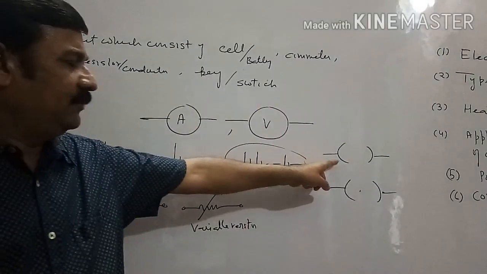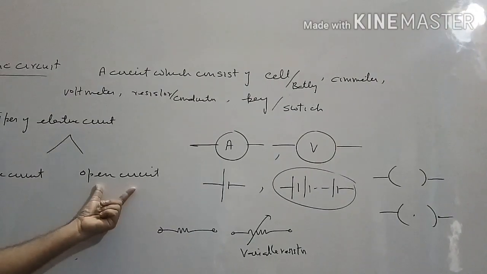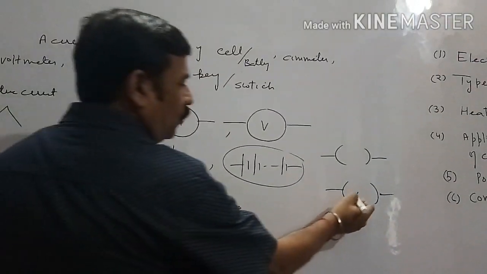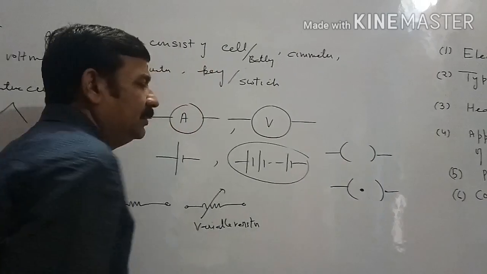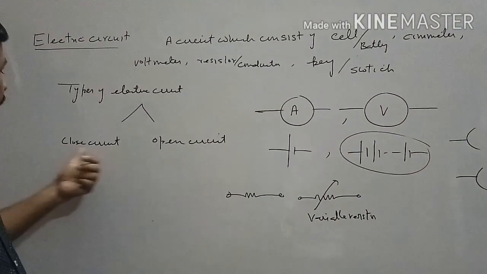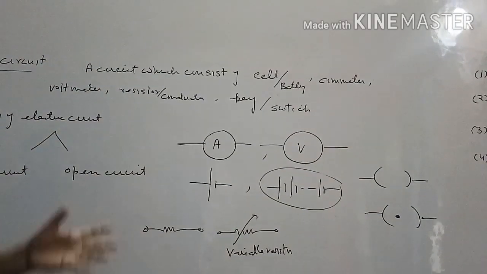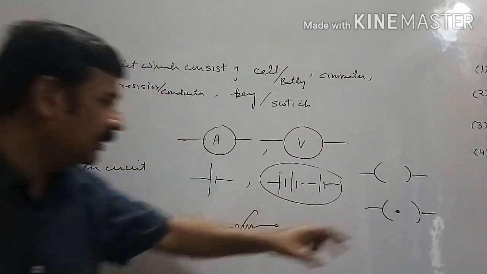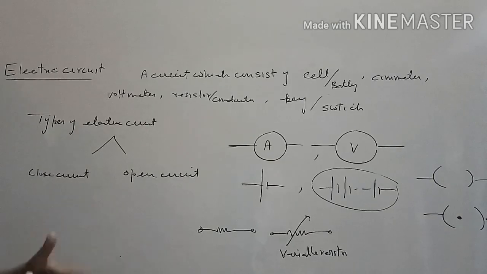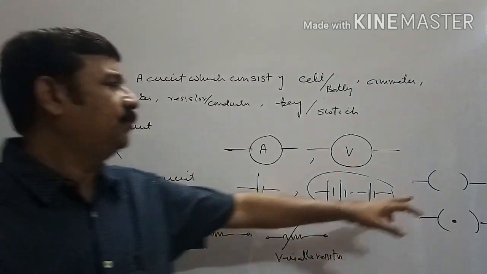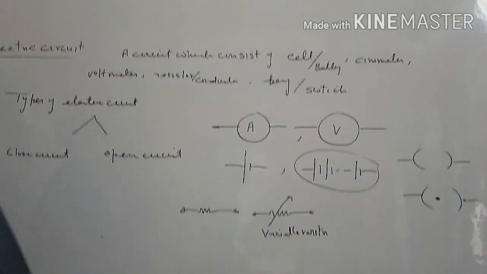If key is open, if switch is off, the circuit will be an open circuit. If key is closed, means if we put a dot sign here, switch is on, the circuit is said to be a closed circuit. Current moves in the circuit only when key is closed, that is, the circuit is closed. No current moves in the circuit when key is open, that is, the circuit is open.